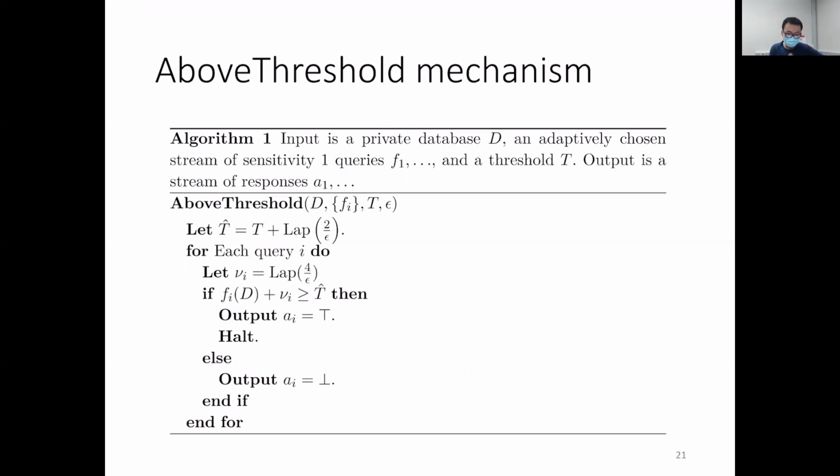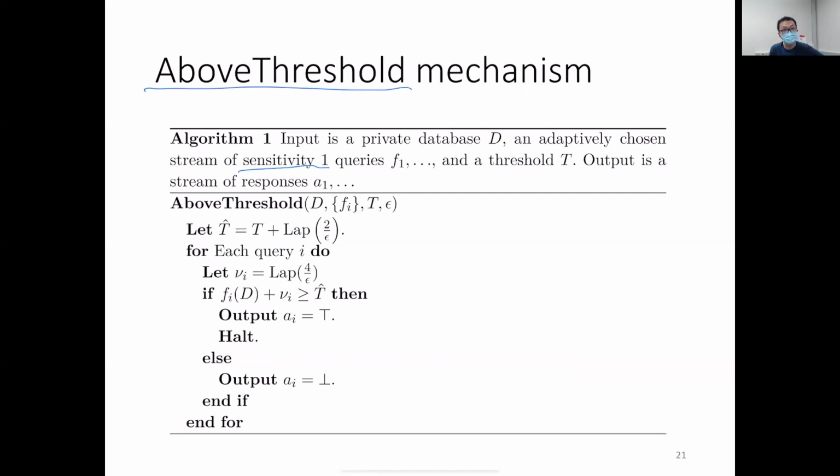The sparse vector technique consists of multiple applications of the so-called above threshold mechanism. Let me explain how the above threshold mechanism works. It takes a data set, and then there is an online sequence of queries, F1 to Fn, possibly an infinite sequence of queries, but each one of them has a sensitivity of 1.